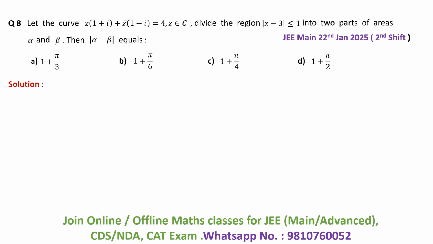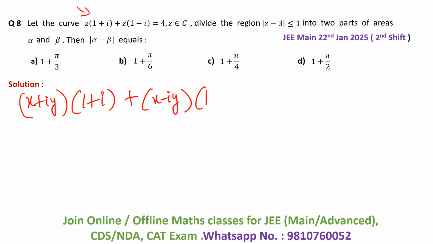Now to solve this problem, first of all, we will be putting z equal to x plus iota y inside this equation, just to simplify this equation. Now, when I put z as x plus iota y, it becomes (x plus iota y) into (1 plus iota) plus (x minus iota y) into (1 minus iota) equal to 4. Now just open up the brackets.